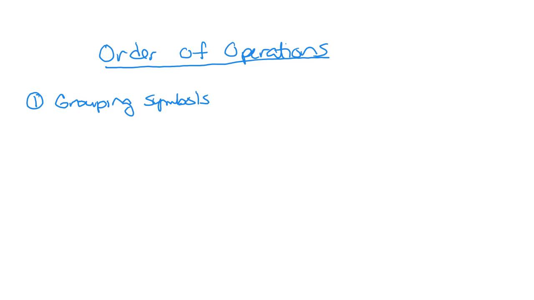For your grouping symbols, we start out with parentheses, if you will. I'll just put a set of parentheses here. It can also be brackets. That's a grouping symbol. It could be braces, such as those number sets we just finished looking at.